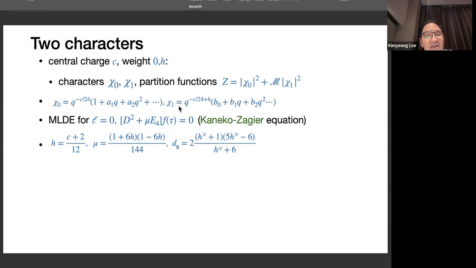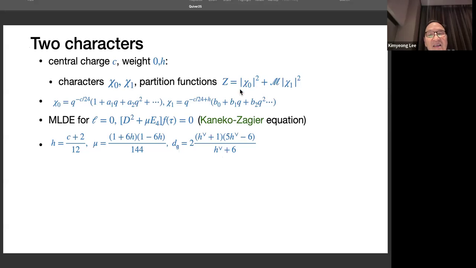Now, in the two character case, with central charge c, one always has a vacuum character, which has weight 0, and another character with weight h, and their characters chi0 and chi1. As they are vector valued modular forms, there is a modular invariant partition function Z, which is the absolute value squared of chi0 plus m times the absolute value squared of chi1, where m indicates the degeneracy of these operators.